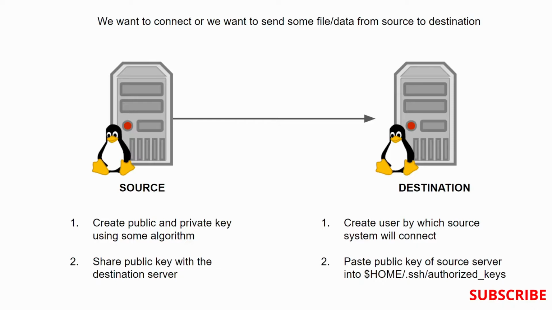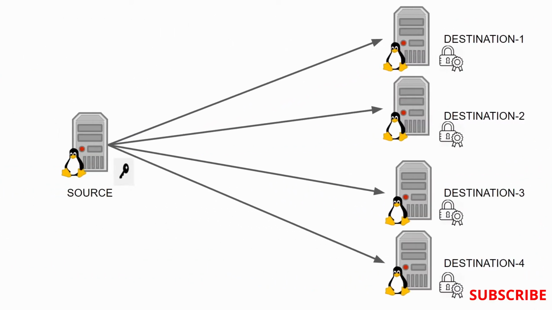Under the .ssh directory, you have to create a file with the name authorized_keys. Again, the permission of authorized_keys should not be more than 644. So it has to be 644 or less, but better to keep it 644. Simple.